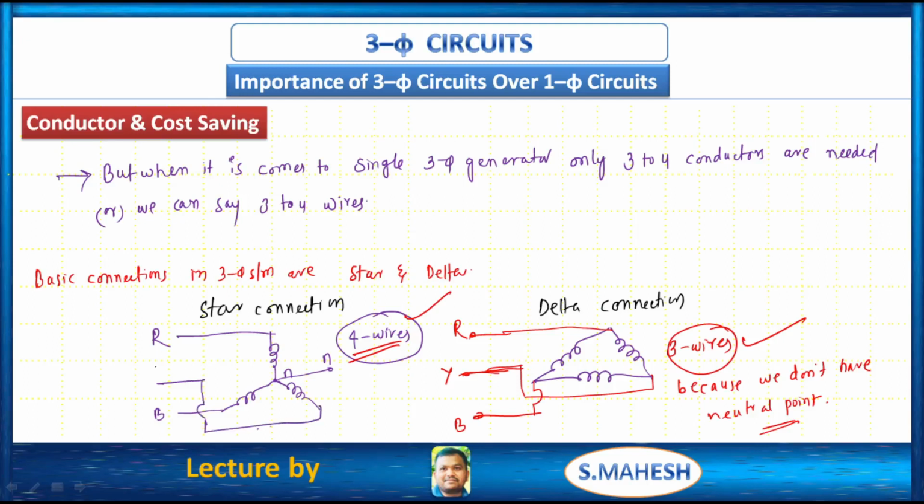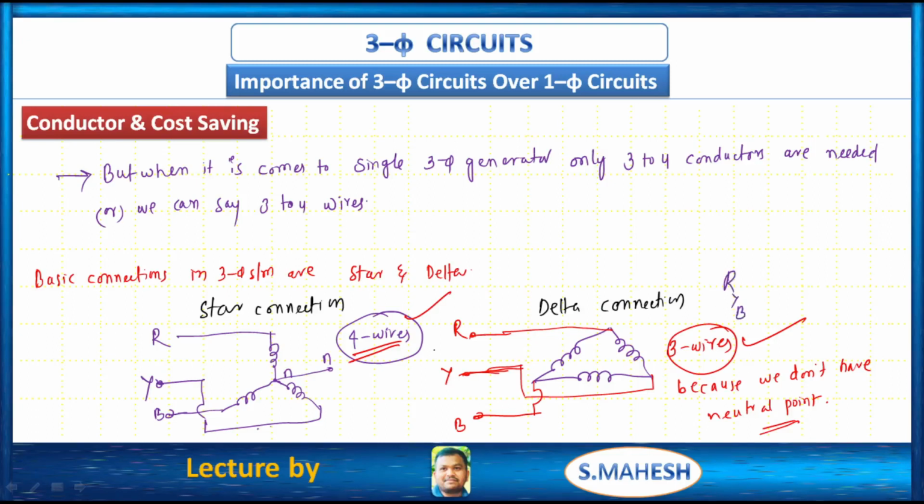So like this we can draw. This is Y. So this is a 3 phase 4 wire system, this is a 3 phase 3 wire system. So in case of star connection we have 4 wires, and in case of delta connection we have 3 wires. Why do we only have 3 wires? Because we don't have any neutral point in delta connection.